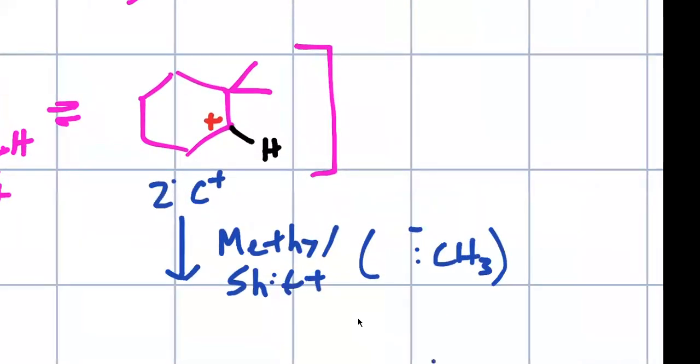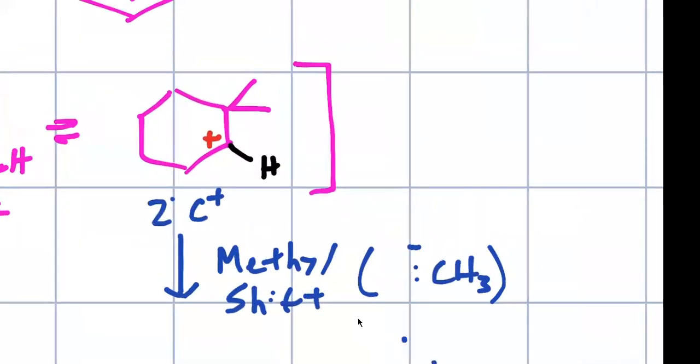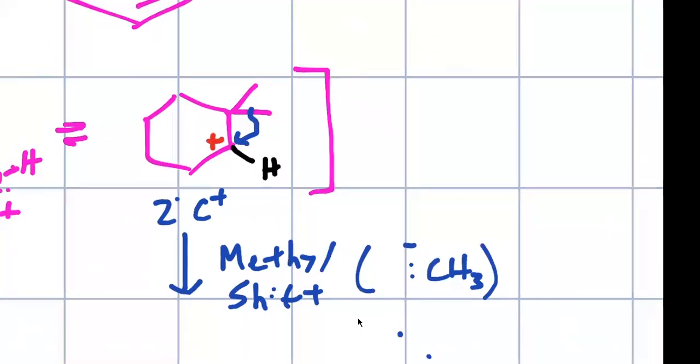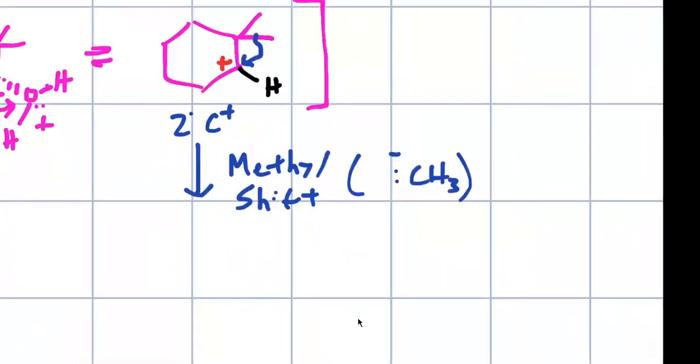And I think we talked about this in class. So that whole methyl group is going to move. And the reason behind that is to give you a more stable carbocation, right? You go from a secondary to a tertiary.